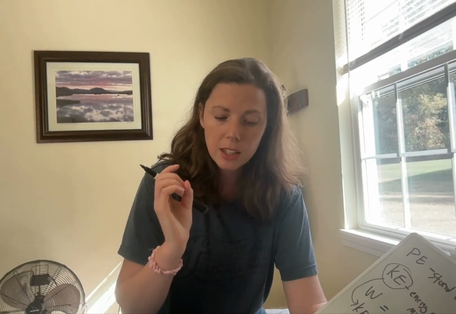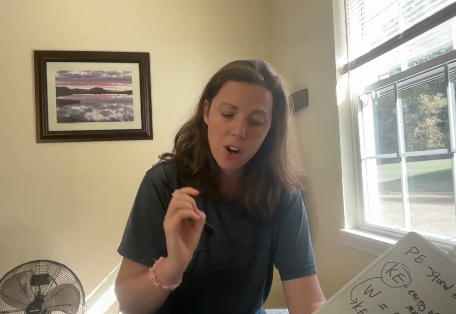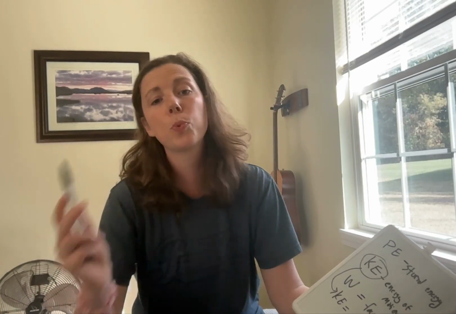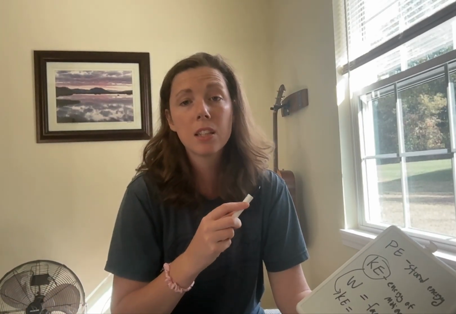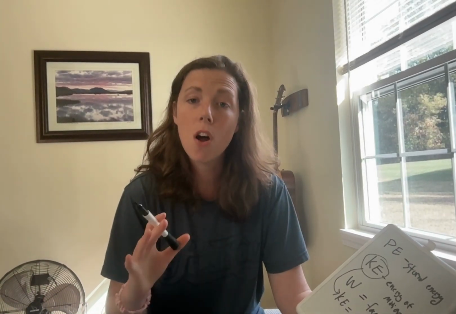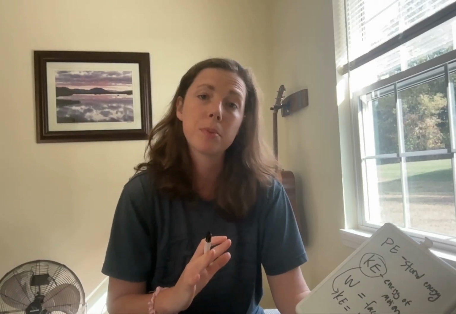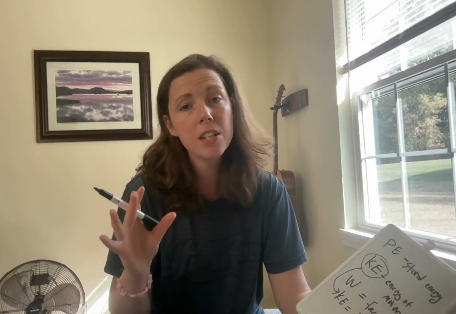All that we just talked about, the kinetic energy and the potential energy, obeys what we call the law of conservation of energy. This is a scientific law. As we talked about in the previous lesson, scientific laws describe something we observe, whereas scientific theories try to answer the question why.